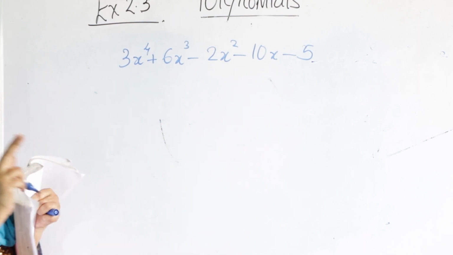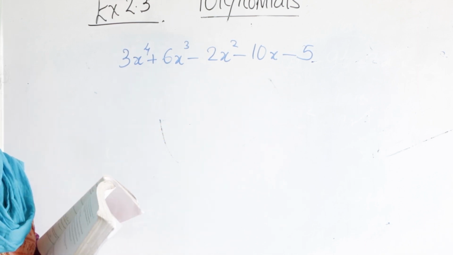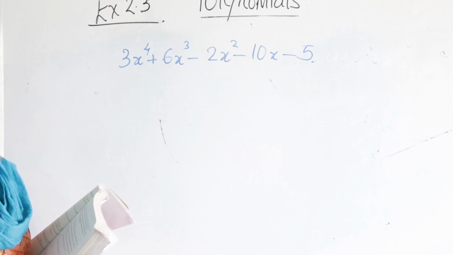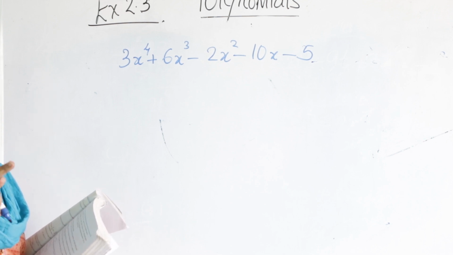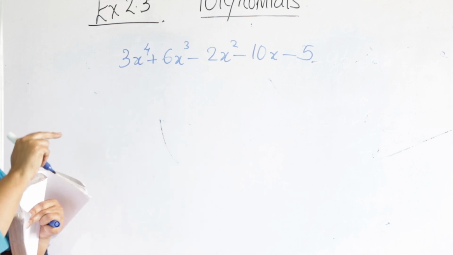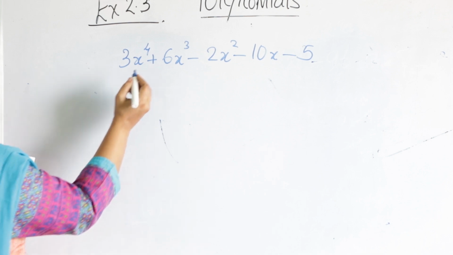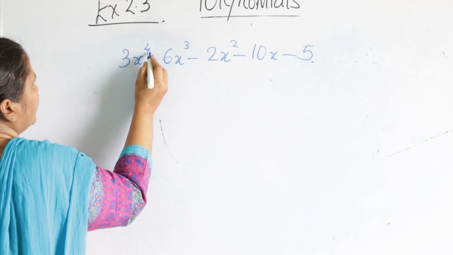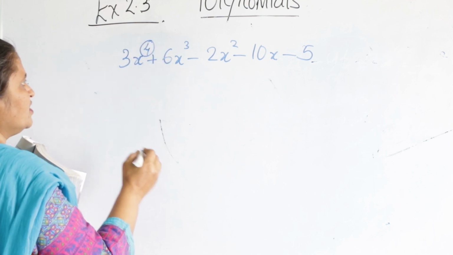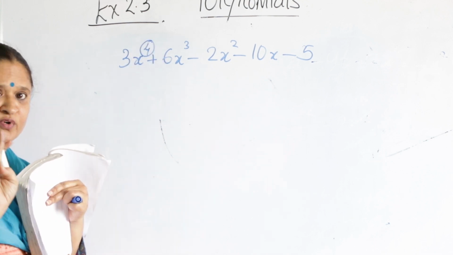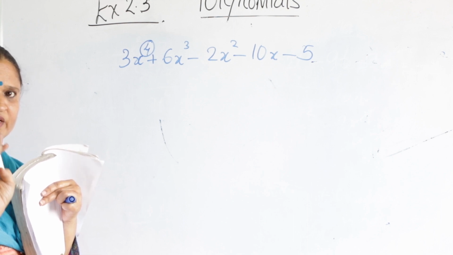When they say find all the zeros, first we should understand how many zeros at most this polynomial can have. Since this is x raised to 4, the degree of the polynomial is 4, so we should get 4 zeros.